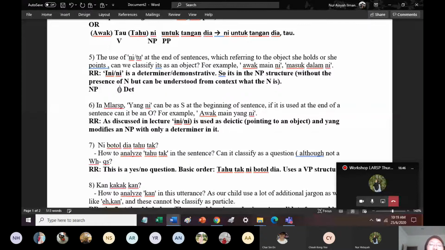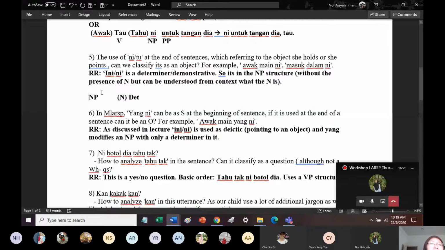Dia letak clause level, awak main ni, then at phrase level I would tulis awak, this is the pronoun, and this I just put that lah.